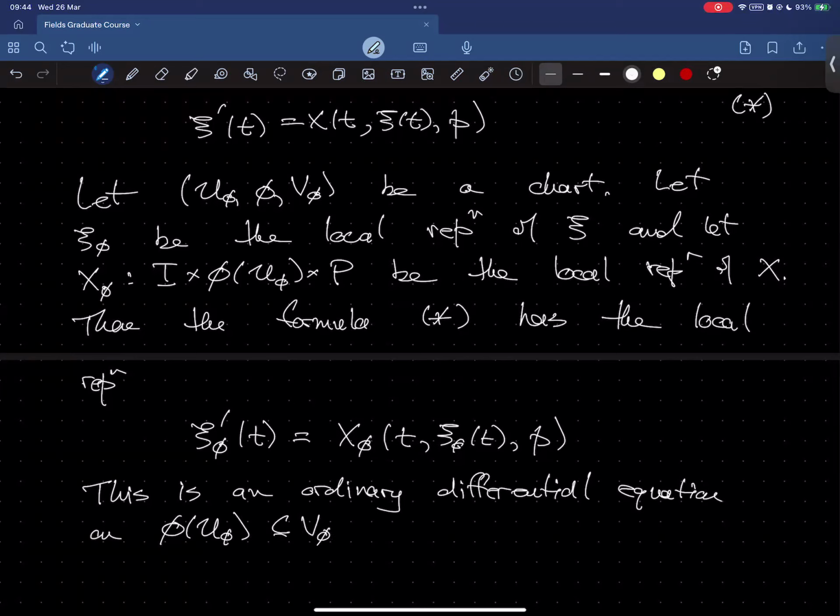Okay, so it's a differential equation on an open subset of a locally convex space. Okay, and it depends on, just like my vector field, time and parameter.